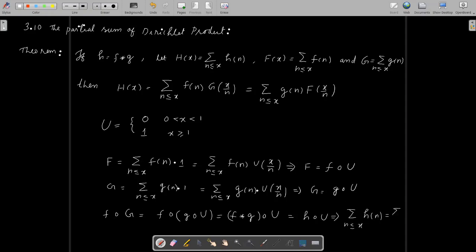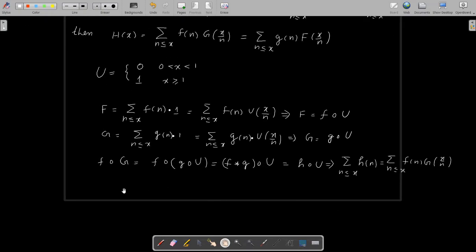F convolution g is sigma n less than or equal to x, f of n g of x by n. So sigma n less than or equal to x, h of n is nothing but capital H of x, that is equal to sigma n less than or equal to x, f of n g of x by n. This is what we have to prove. This is the first equality.